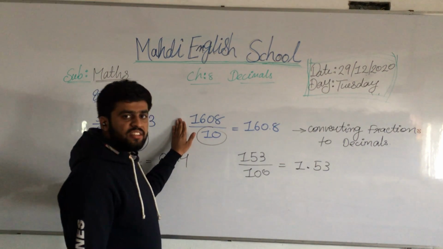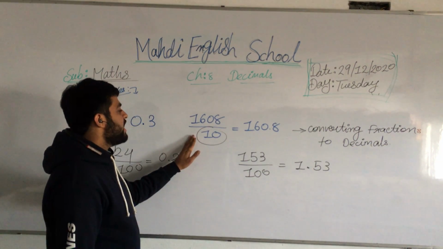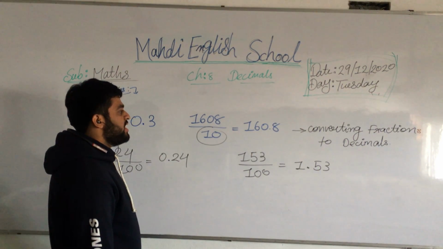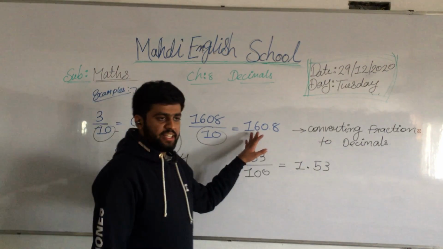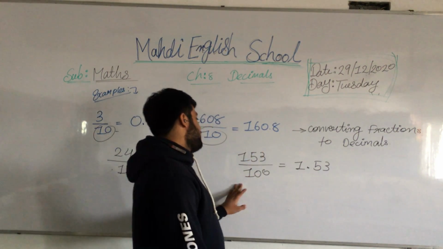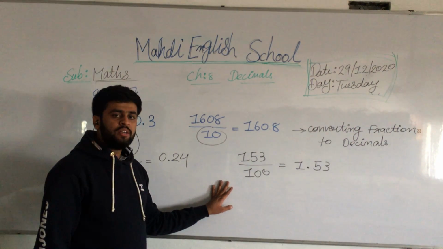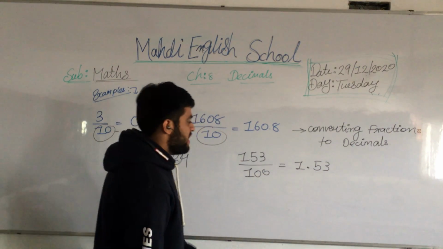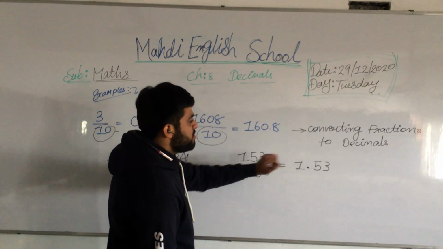Now 16.8 upon 10 is converted into decimal. Now here 153 upon 100 is equal to 1.53. This fraction is converted into a decimal.